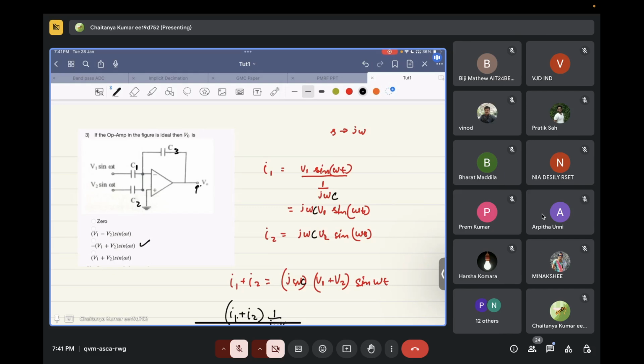So now what will our currents be? We will have C1 over here, we will have C2 over here.